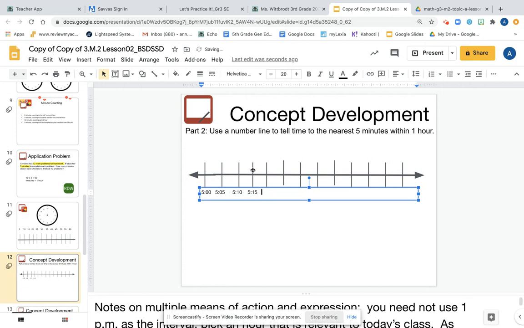Okay, so after 5:15, you should have 5:20, 5:25, this is a bit more challenging than I thought.